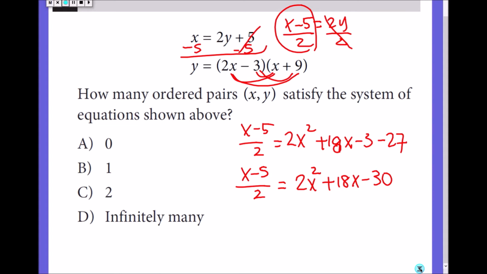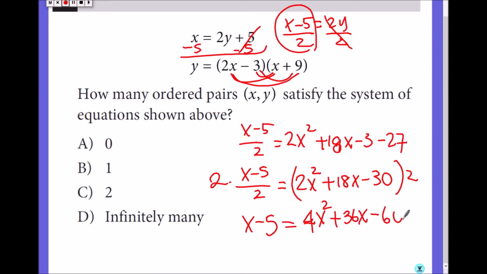So let's go ahead and multiply by 2 on both sides. So I get x minus 5 equals 4x squared plus 36x minus 60.